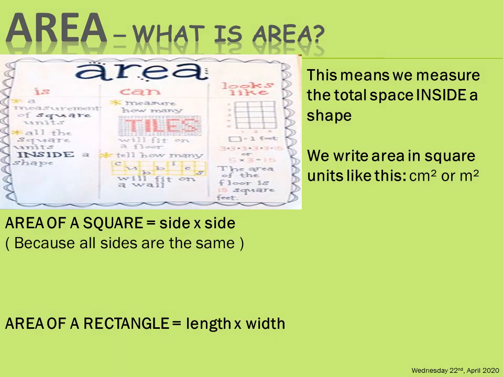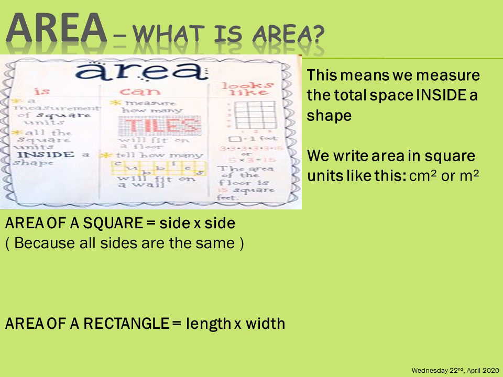Do you remember what area is? For perimeter, I just told you to add all the sides outside together. What about area? Area means we have to measure all the space inside the shape. Do you remember that time we were counting the squares inside our rectangle and the squares inside our square?